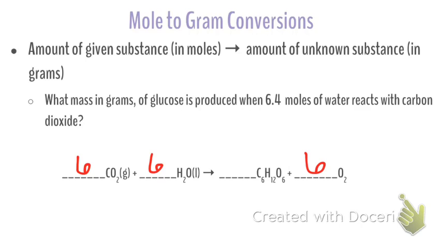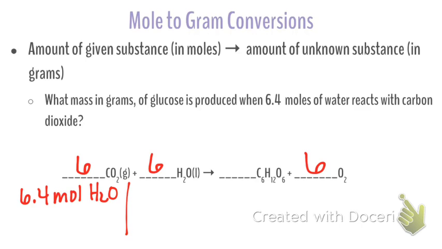Okay, I think this is right balance-wise. 6 carbons there, 6 carbons here, 12 hydrogens there, 12 hydrogens here. 12 oxygens plus 6 is 18, so 6 plus 12 is 18, okay? So balanced, but it says what mass in grams of glucose is produced when 6.4 moles of water reacts with carbon dioxide?